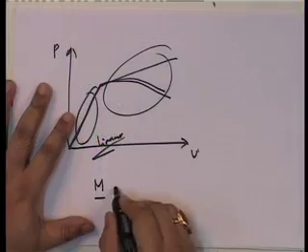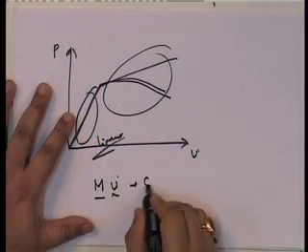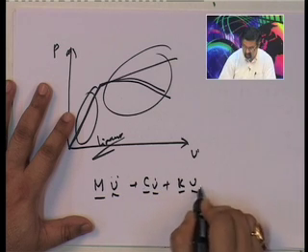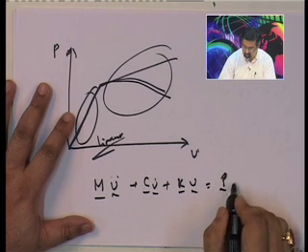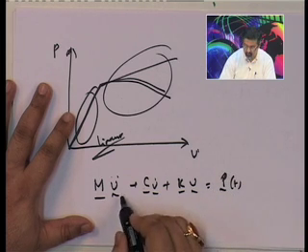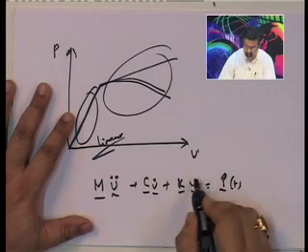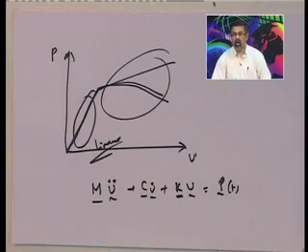Only when you go nonlinear do you need to use direct methods, where direct methods are based on M v double dot plus C v dot plus K v is equal to P. Okay.